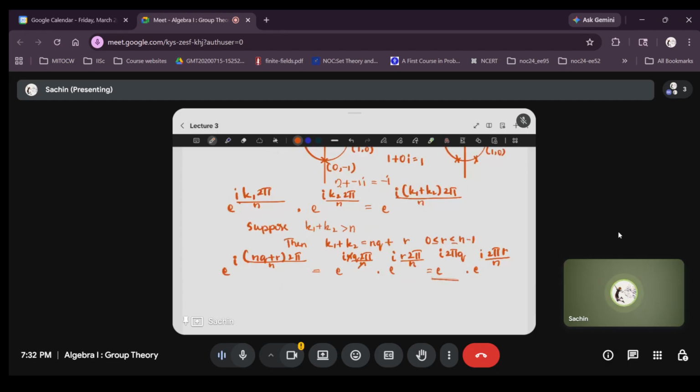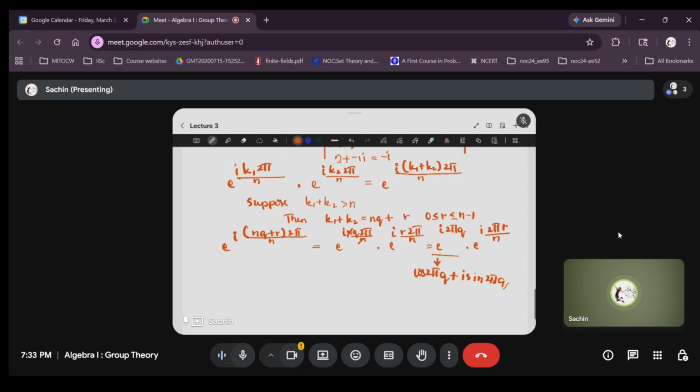Now there is a property that for multiples of 2 pi, if theta is a multiple of 2 pi, e power i theta is 1, because this is nothing but cos 2 pi q plus i sin 2 pi q, and cos of a multiple of 2 pi is 1, sine of a multiple of 2 pi is 0. So this is nothing but 1.